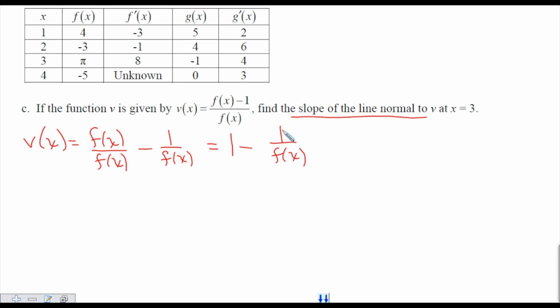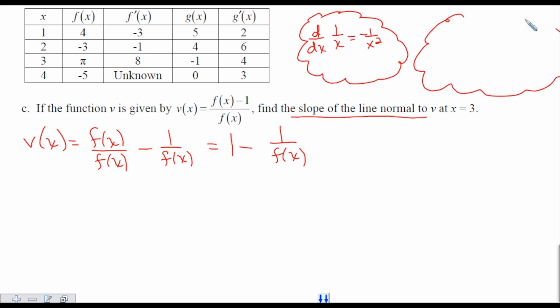But when I see this, the first thing I think of, and here's my thinking cloud, is that I have taught them that the derivative of 1 over x is -1 over x squared. And so if we have something like this, then they should be thinking chain rule.